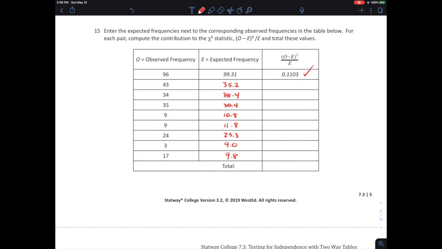Okay. Next one, O minus E squared over E. Here, you've got to do the observed, which is 43, minus E, which is the 35.2. Square that, and divide by E, which again is the 35.2. Okay, so run that on your calculator.